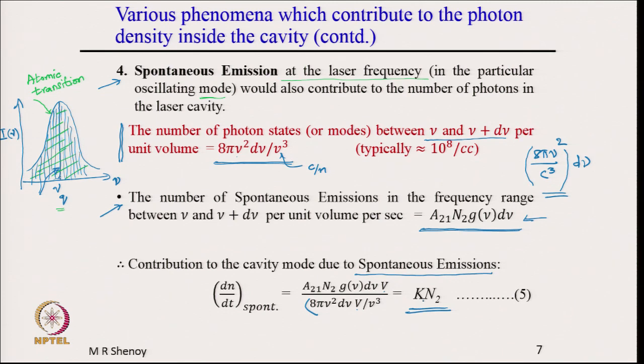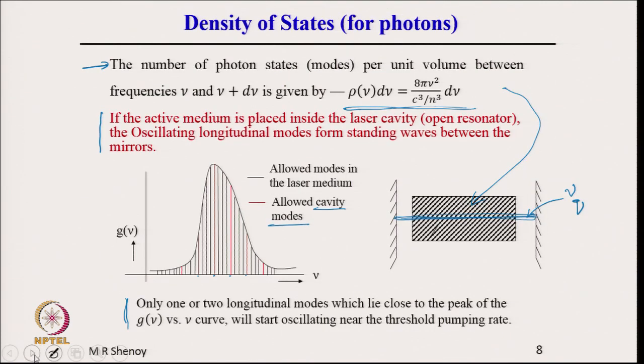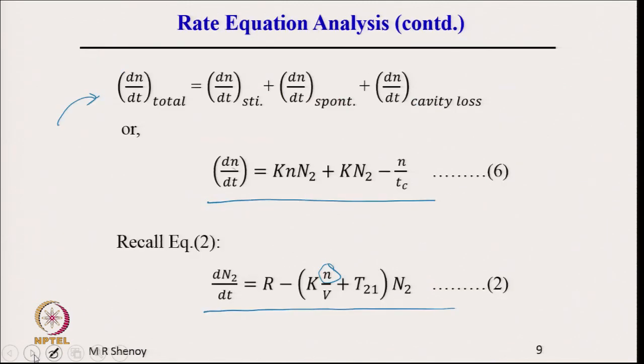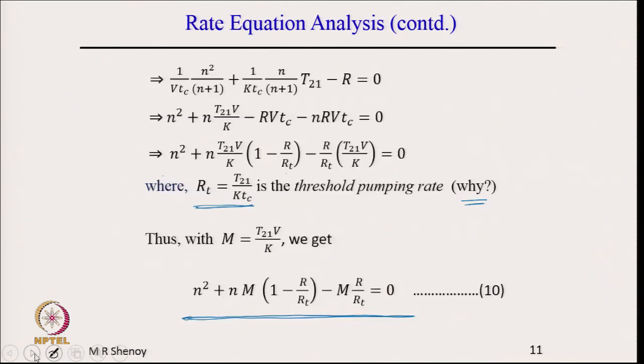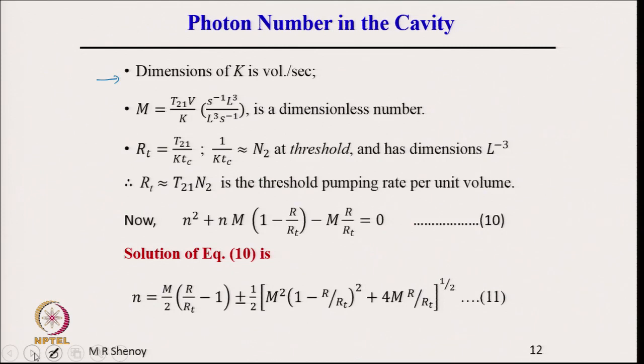Therefore, this K N2 is second inverse, but N2 is per cc, because N2 is the number of atoms per unit volume, and therefore K must have the unit of cc per second. So, K is volume per second.